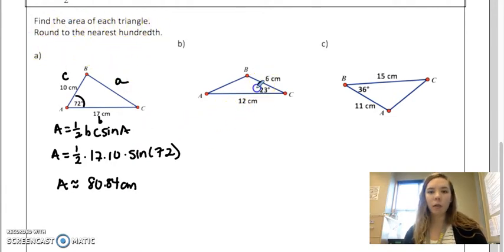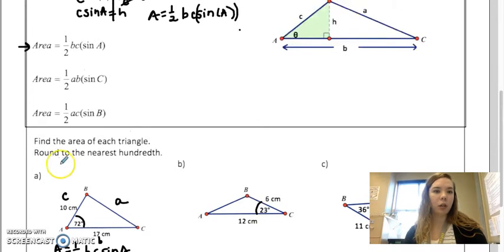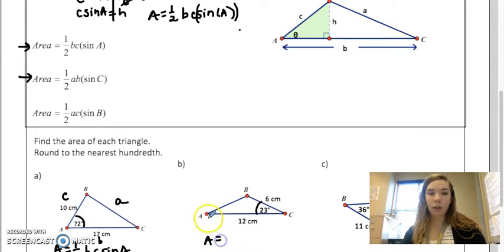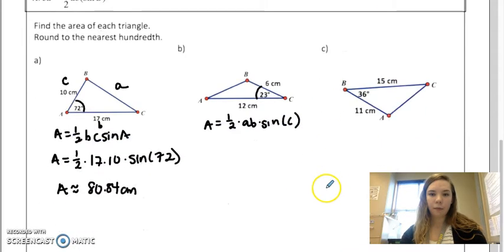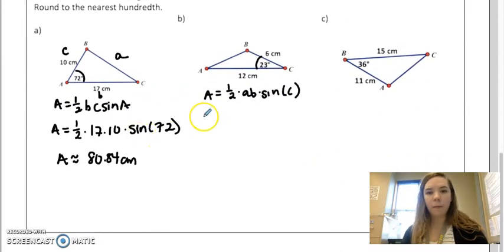Okay, this one I know angle C. So I'm going to use this second formula because I know C. So the area equals, and that's why they're spelling out area here, because they don't want you to get the area confused with this angle A. You have 1/2 times ab times sine of C. So then I'm going to plug in what I know.